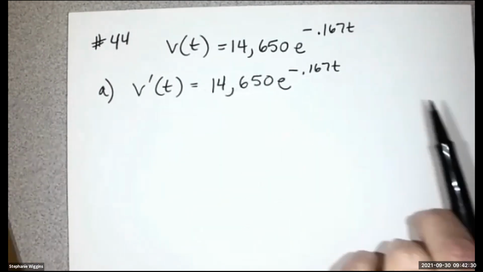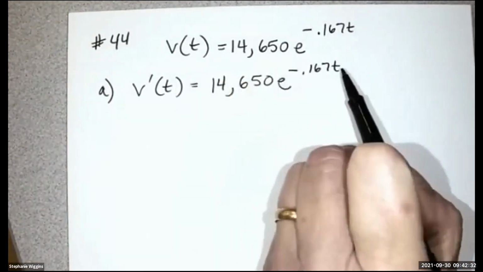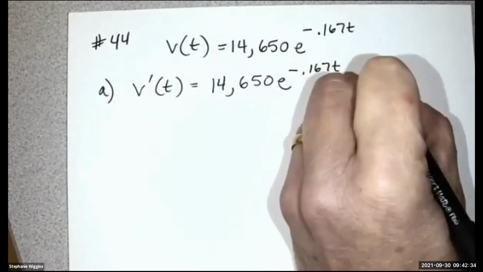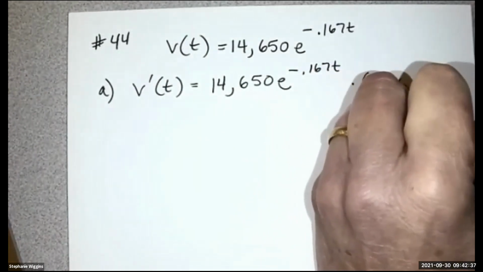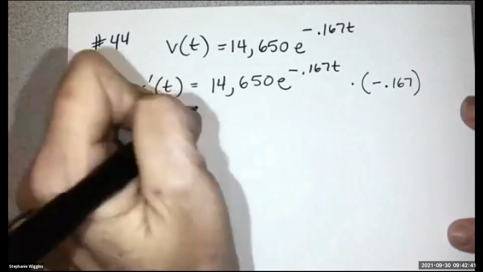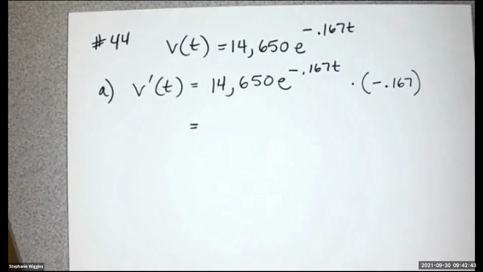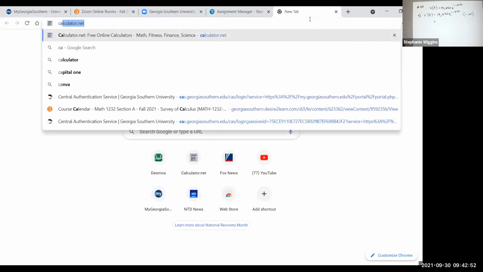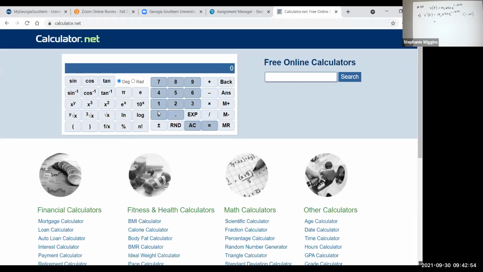But step 3 was to multiply by the derivative of the exponent. In this case, I'm going to multiply by negative 0.167. That's the derivative of my exponent. So I'm going to use my calculator and multiply 14,650 by the negative 0.167.